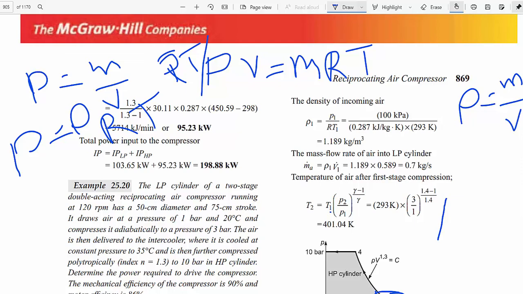Then rho equal to P1 by RT1, where suffix 1 is the inlet condition. This is the density of the incoming air, therefore rho 1 equal to P1 by RT1.